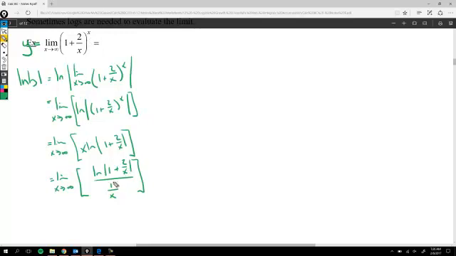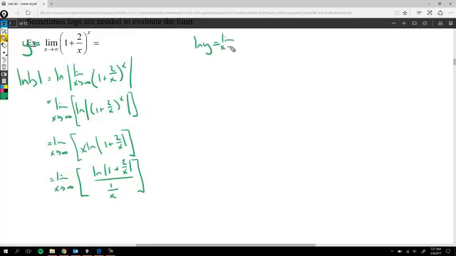In this case, if I have 1 over x, I get 0 when I plug in infinity. And then same thing here, I have the natural log of 1 on top. So I get 0 over 0. So this gets me in indeterminate form, which is a good thing. Now I can take the derivative of the top and bottom of my limit. So I still have the natural log of y on the left.